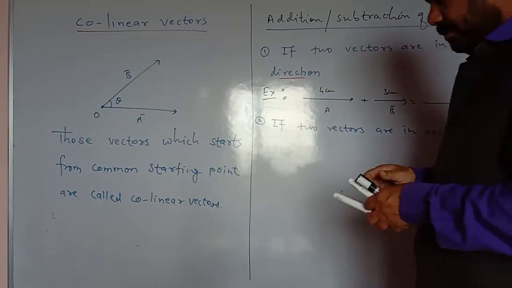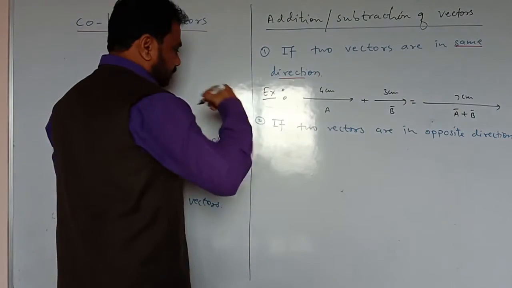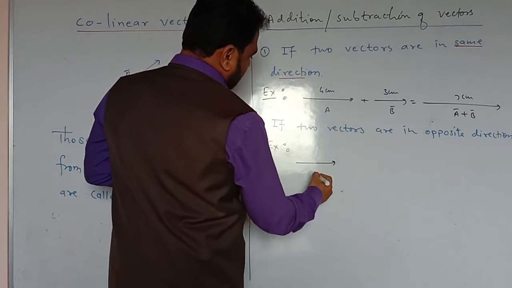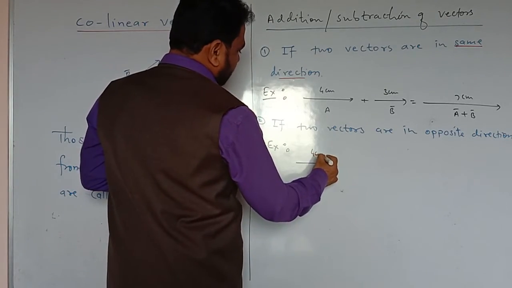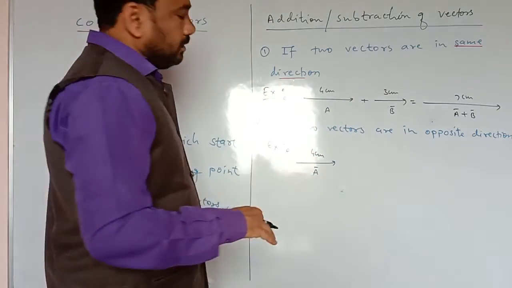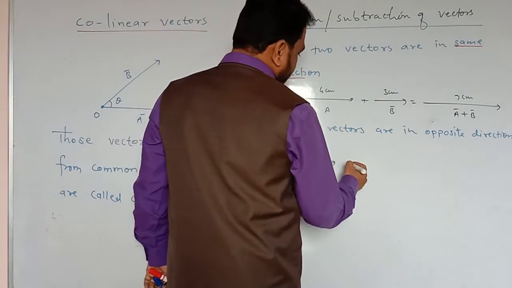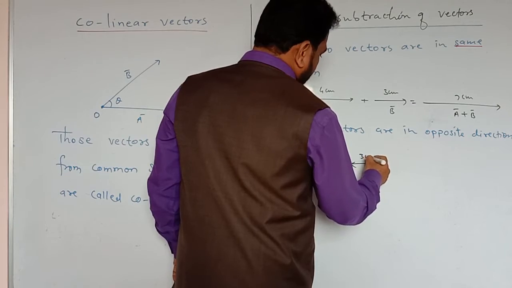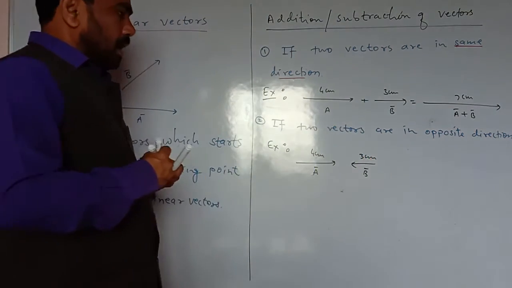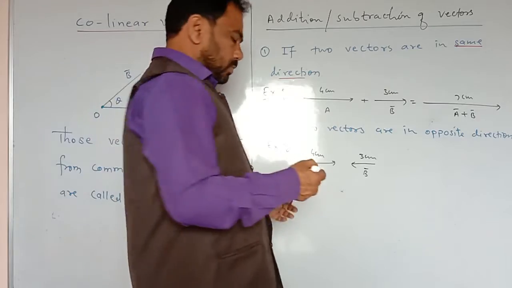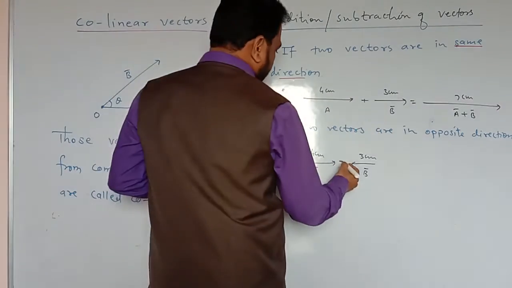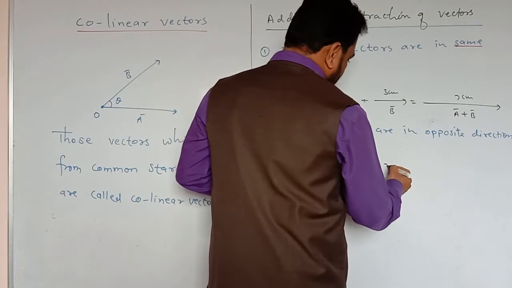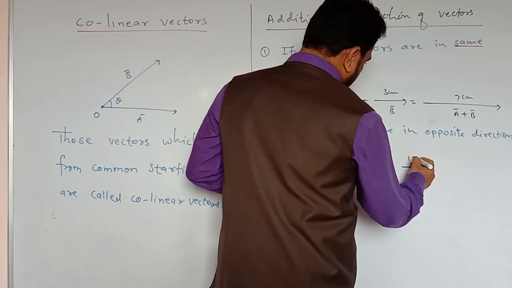For that purpose, draw two vectors like that. Vector A has 4 centimeter magnitude, and another vector B is in the opposite direction having 3 centimeter magnitude. Now if these two vectors are opposite to each other, then we can subtract them easily. What we get here is 1 centimeter.